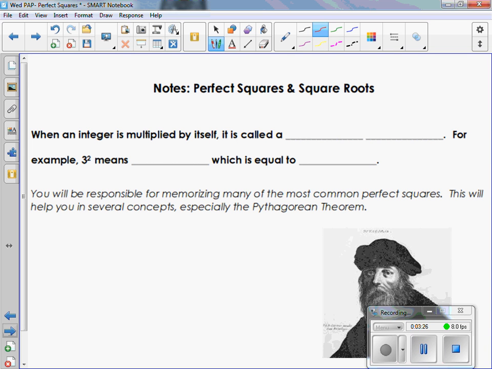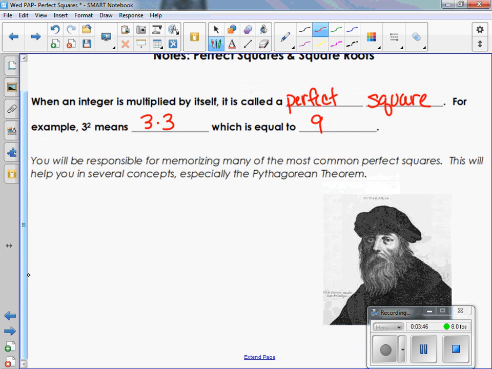When an integer is multiplied by itself, it is called a perfect square. We've been dealing with these for quite a while, whenever we talked about squares with order of operations. For example, 3 squared means 3 times 3, which is 9. You are responsible for memorizing the most common perfect squares.